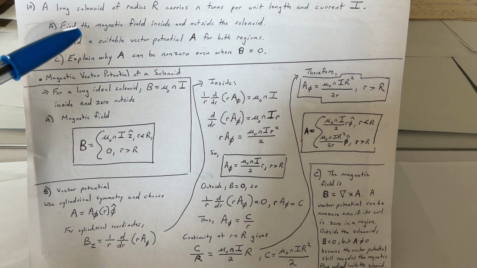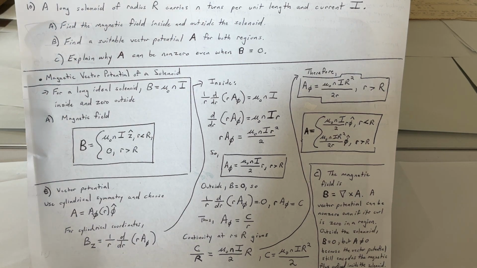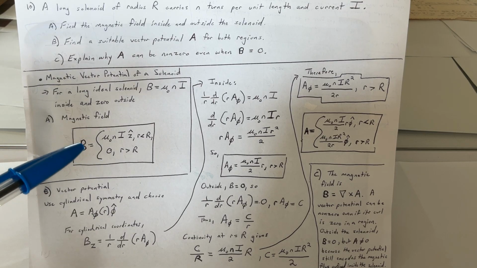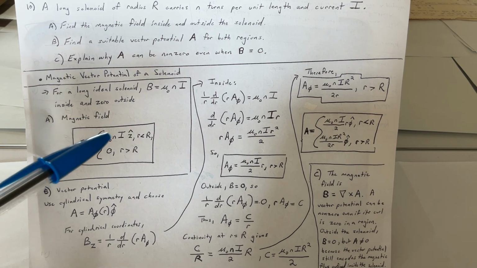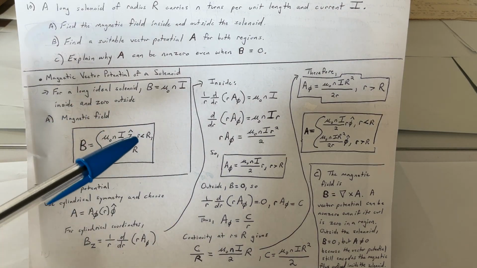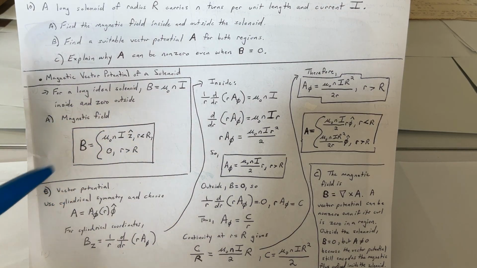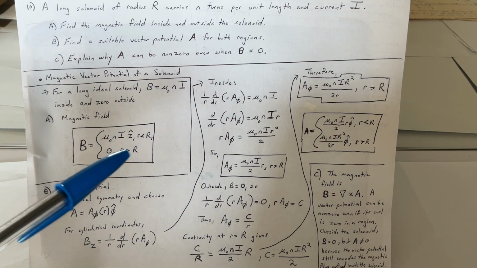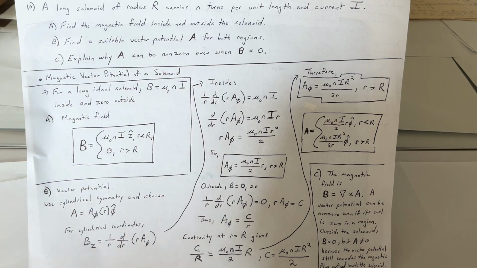So just for part A, that would be this piecewise function for our magnetic field: μ0 n I ẑ for r, lowercase r, less than capital R, and for the lower portion of the piecewise function, 0 for r greater than capital R.